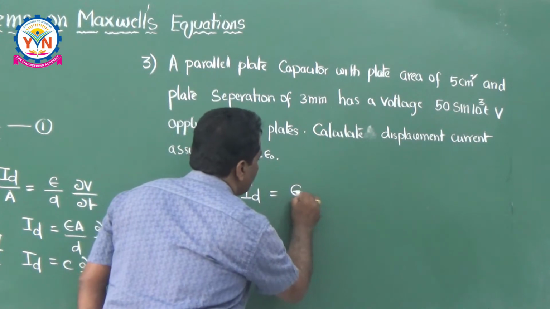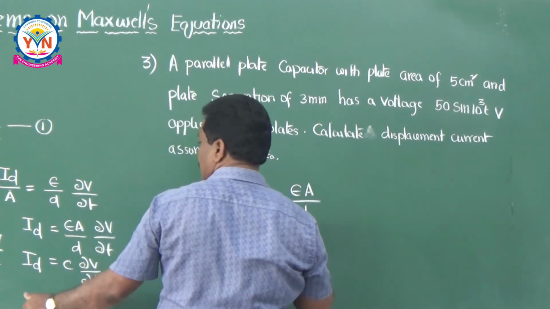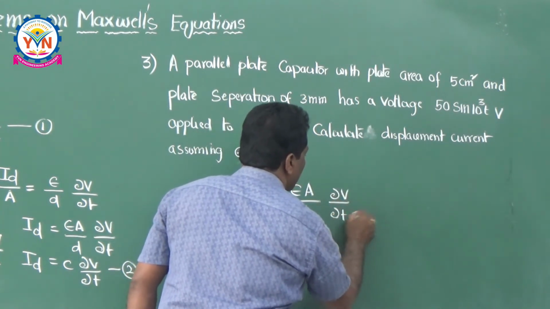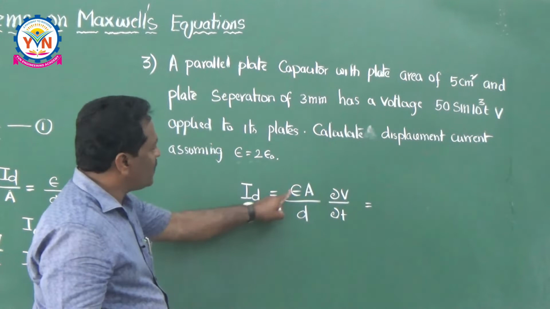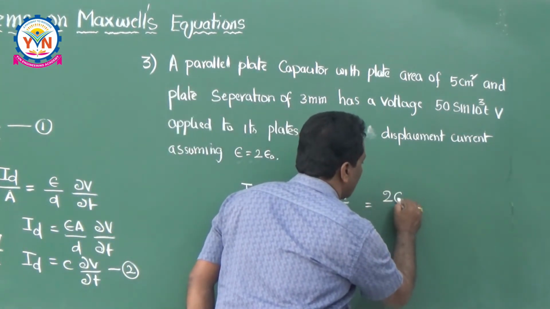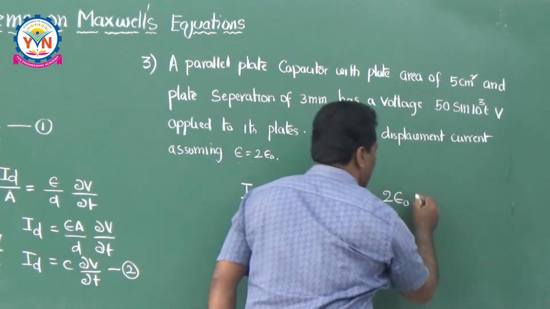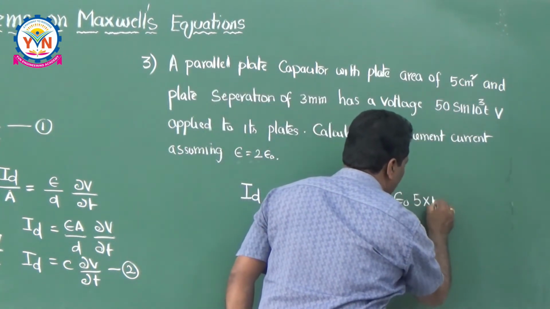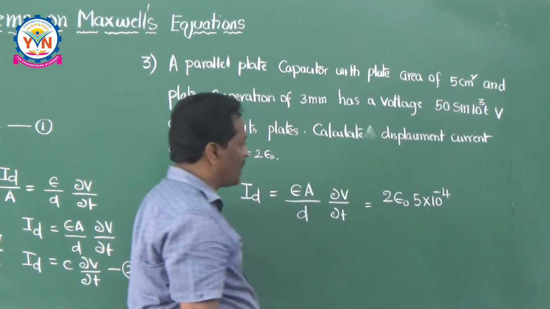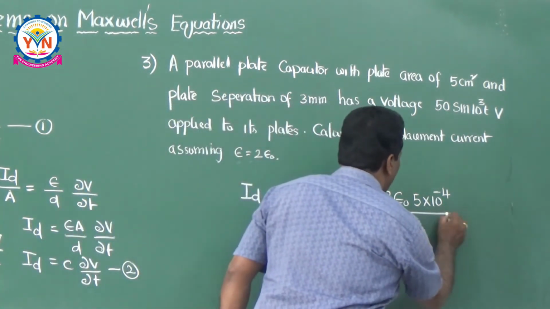epsilon times A by D into ∂V/∂t. That is equal to, what is epsilon? He has given 2 times epsilon naught. What is area? Area is 5 centimeter square, 5 into 10 to the power of minus 4 meter square, I am converting into meters, divided by D. What is D?